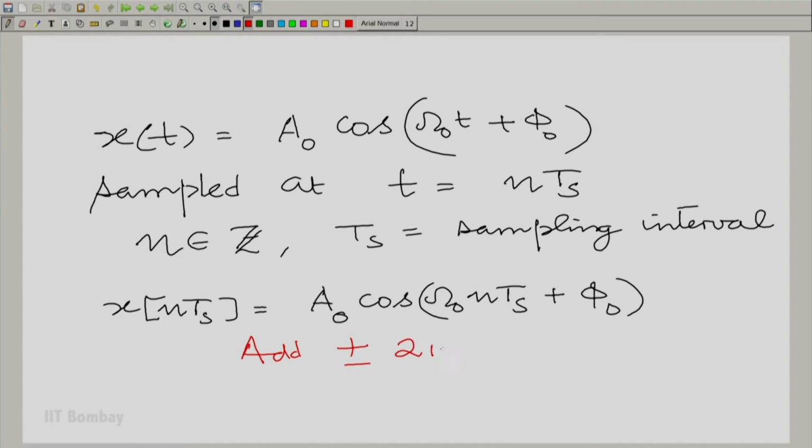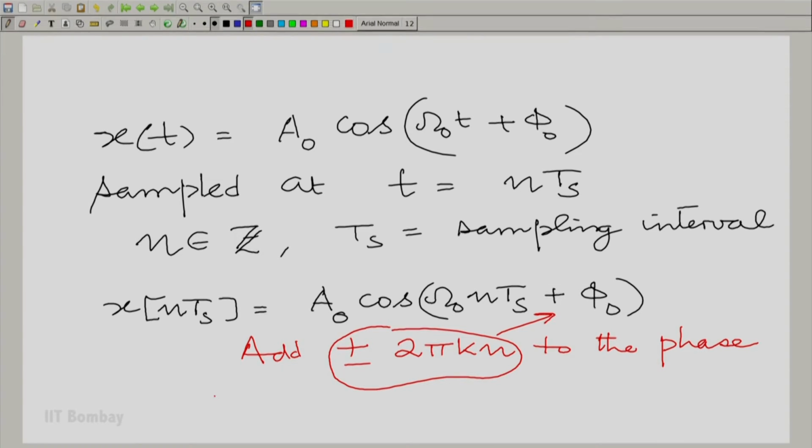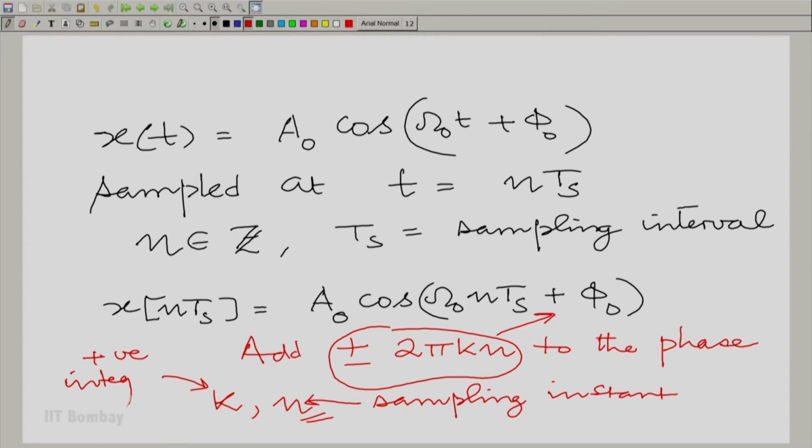So, if you add plus or minus 2 pi kn here to the phase, k over all the integers and n also over all the integers. N is essentially the sampling instant, k over all the positive integers. You only need positive integers because you have taken plus and minus, and k has a significance now. K essentially denotes the number of cycles that you have either completely or almost lost.